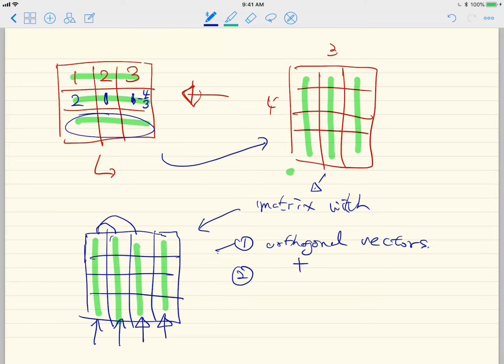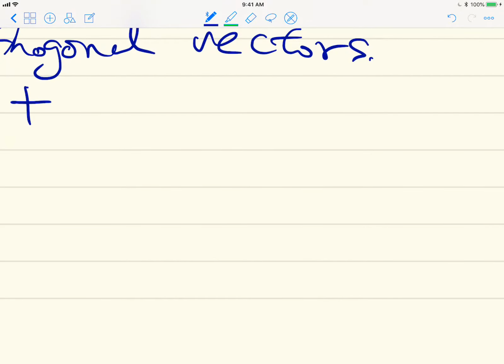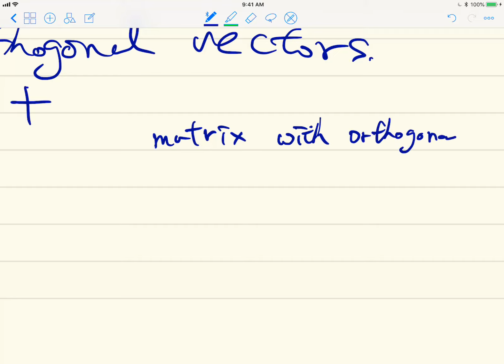This is not orthonormal? Yeah, right. So let me clarify that. A matrix can have orthogonal columns, right?